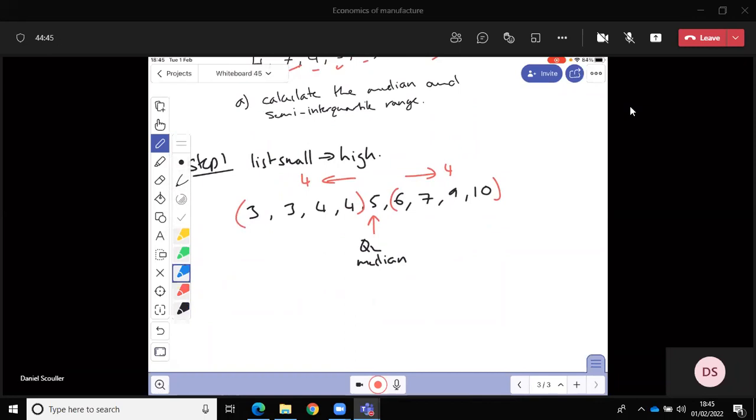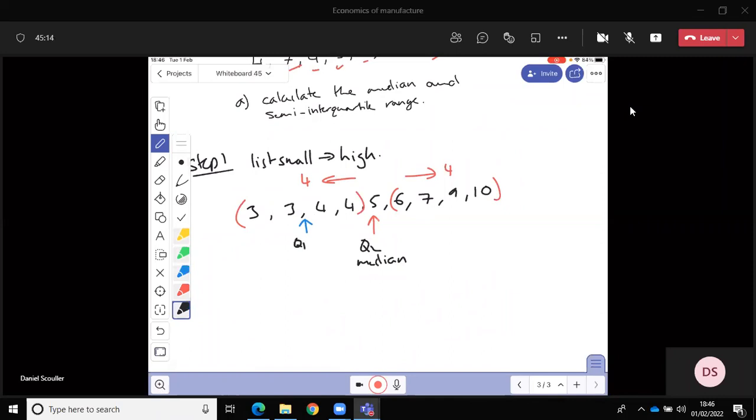Q1 is the midpoint on the left hand side. Remember we're splitting it up into 4 equally spaced packs of data. So the midpoint between 4 numbers is in between number 2 and 3. That'll be Q1.